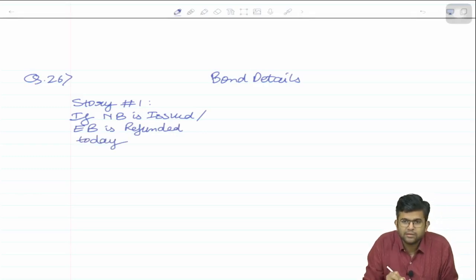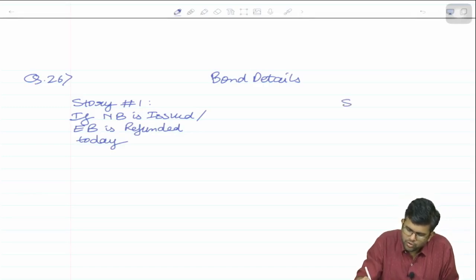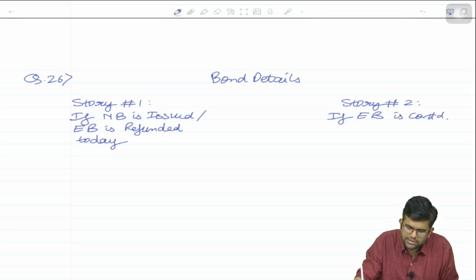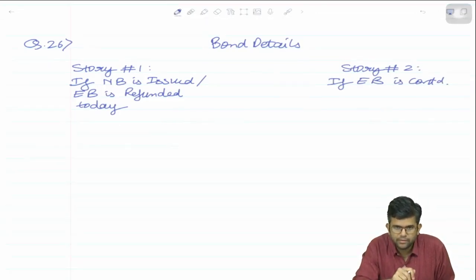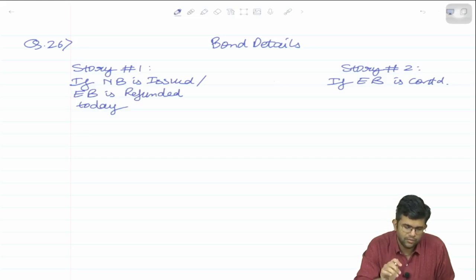Language is clear? Story 2. If existing bond is continued. Correct? Left story Mahalakshmi, right story Bhavani. Everyone clear? Okay.